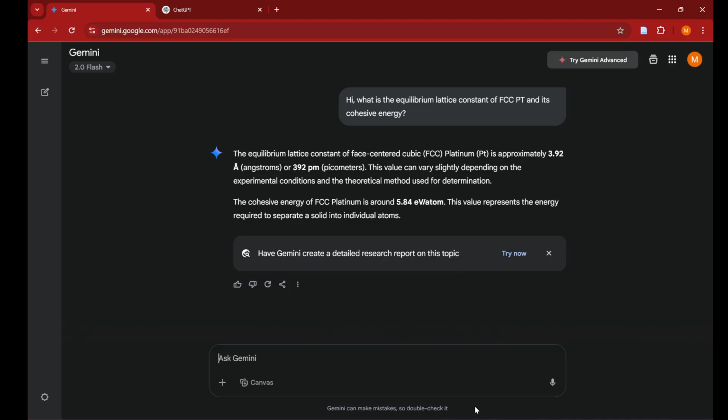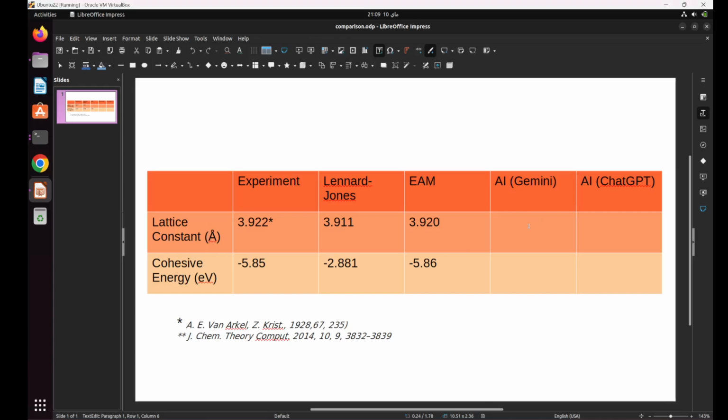That's quite good, actually. I recall a couple of months ago I tried it and it was giving some wrong answers, but now it's very good. So this is 3.92, and this I will put with the negative convention here.